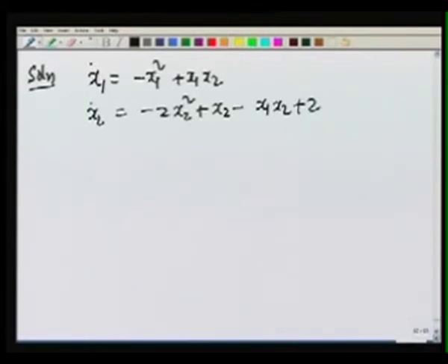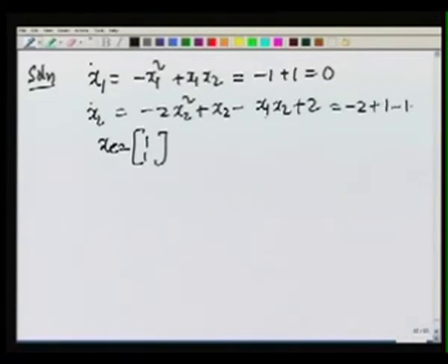So, the best way to know whether x c 1 1 is an equilibrium point is to put these values here and see whether they are 0. If you put 1 1 here, this is minus 1 plus 1 which is 0, and in this case when you replace x 2 as 1 and x 1 is 1, again you have minus 2 plus 1 minus 1 plus 2. So, again 0, hence x c is an equilibrium point.